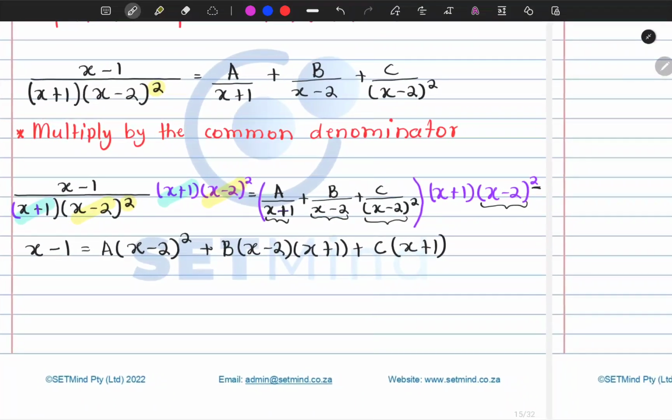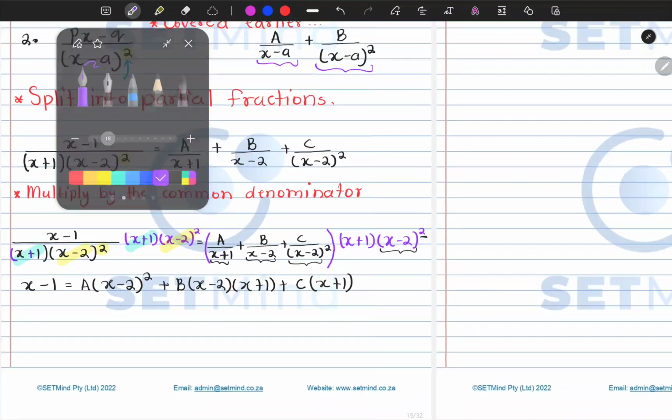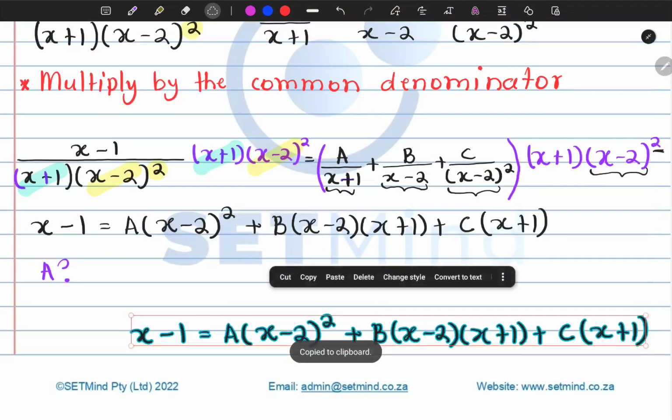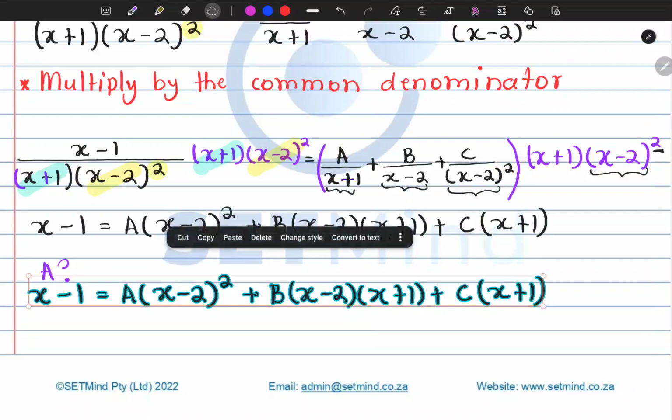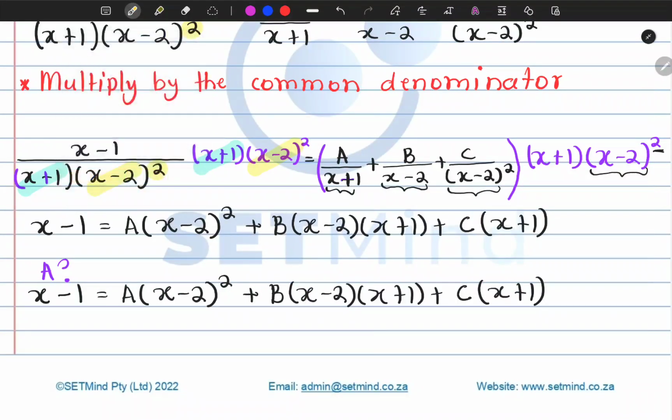Okay. Now, the simplest way to approach this is always to get the factor of the linear component first. It is always the easiest. So if you look carefully, we can start by asking, what is a here? For a, we just need to look at how we can make all the other constants 0.